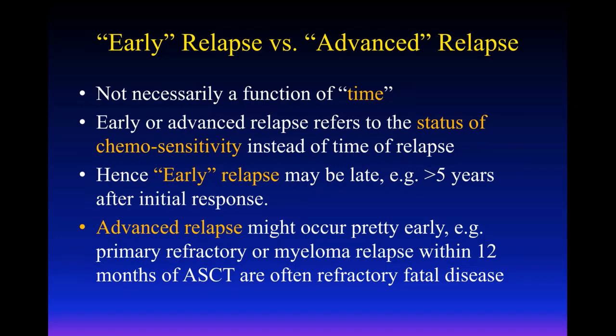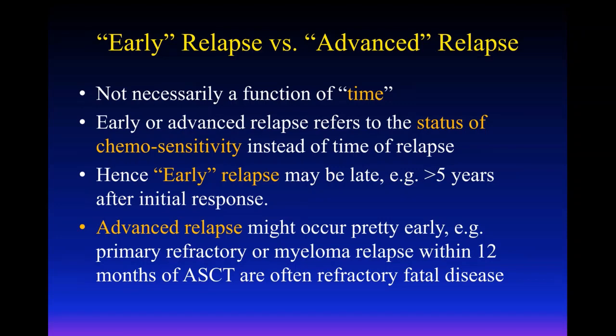For example, one will encounter a patient with an advanced relapse that may actually occur quite late, for example, a first relapse occurring more than 5 years after the initial response. By contrast, you may see a patient with an advanced relapse that occurs quite early. For example, patients might relapse within 12 months of autologous stem cell transplantation. These are usually refractory, with a usually fatal outcome.